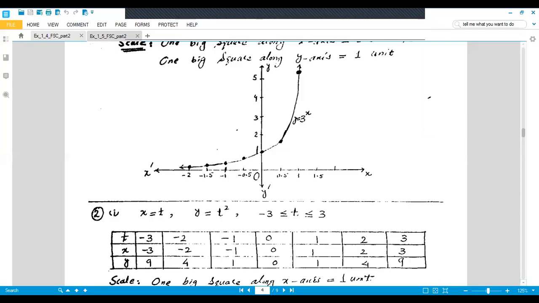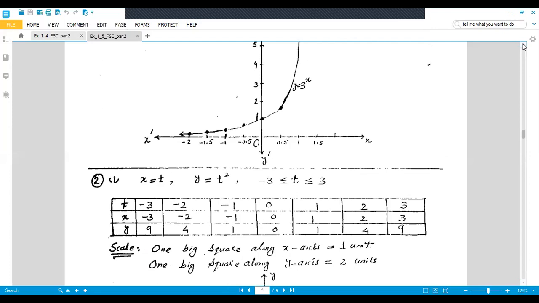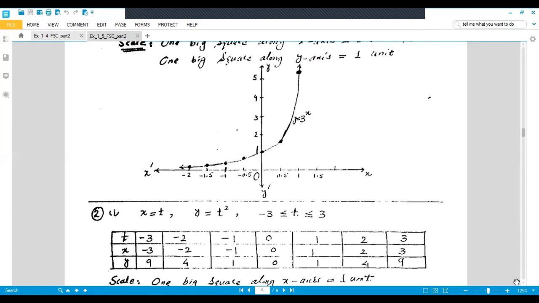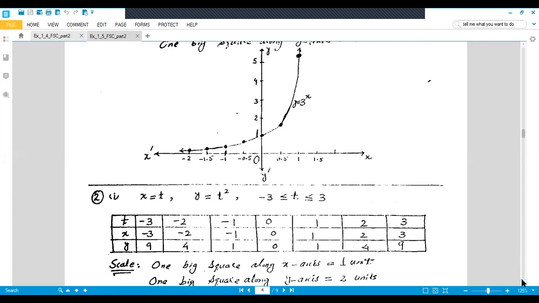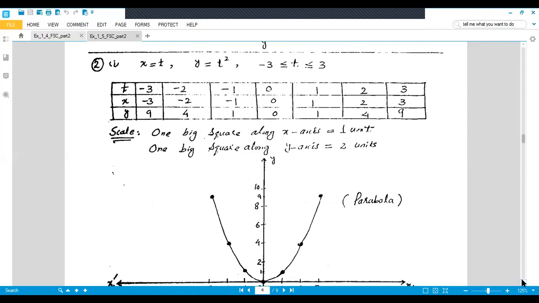Question number 2 is: graph the curves that have the parametric equations given below. This means that for each part you are given a parametric equation and you have to graph it.